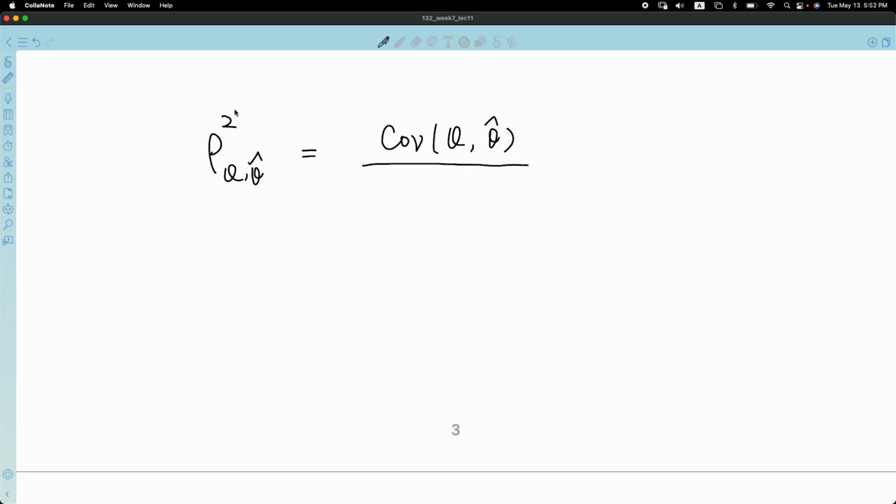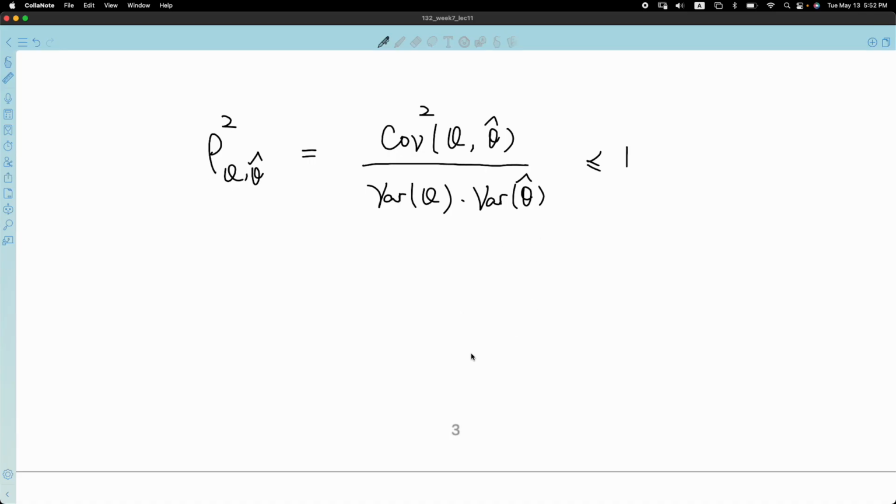Now I'm taking a square, so you have the covariance square, and the square is coming from this one. For the denominator, you will have the variance of the Q and then the variance of the theta hat. And this thing, we already know, is less than or equal to 1, coming from the square of the correlation.